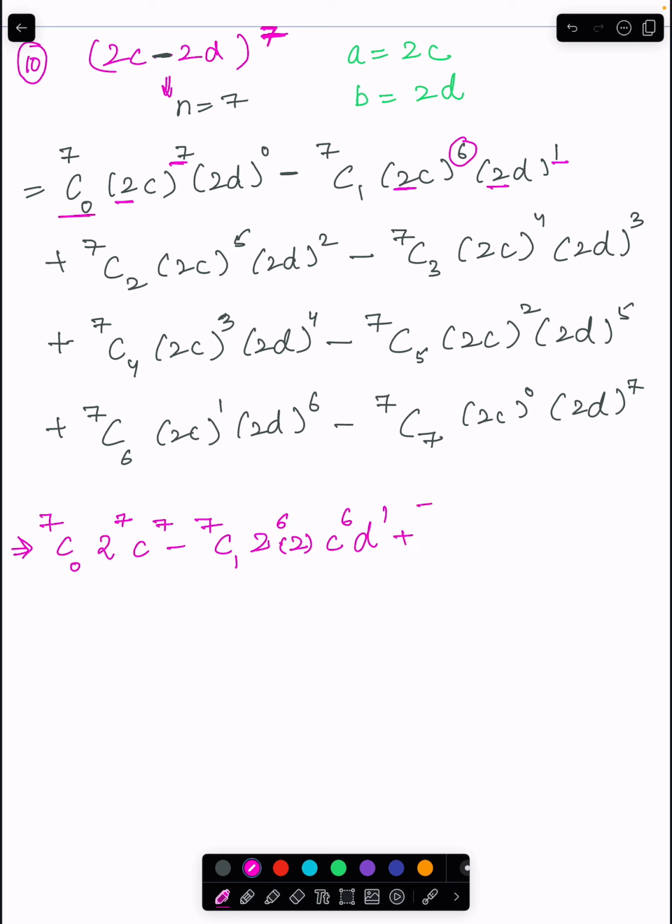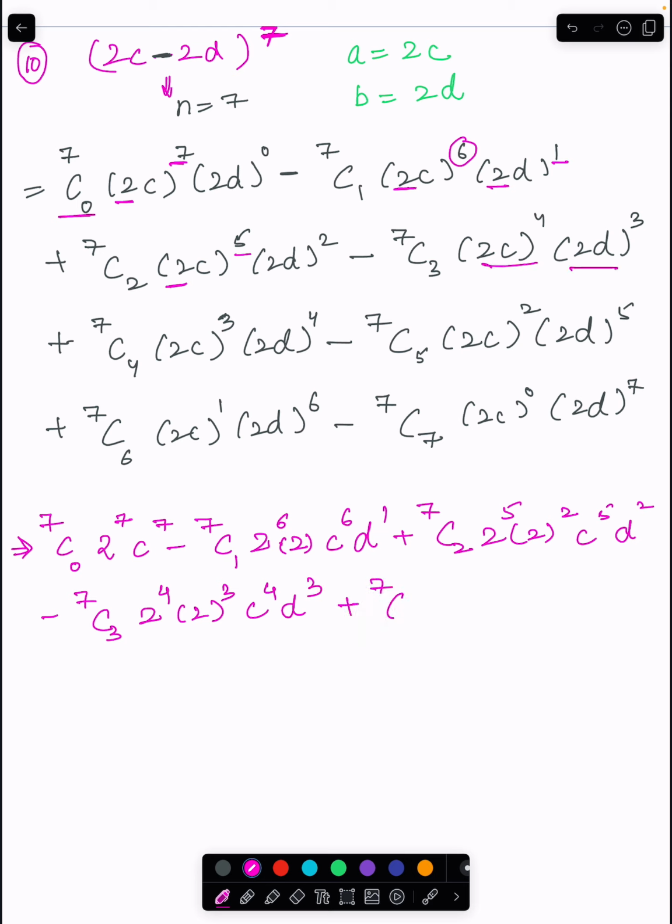Next, plus 7C2, 2 power 5, and another 2 power 2. So it is C power 5, D power 2, minus 7C3, 2 power 4, another 2 power 3, C power 4, and D power 3. I'm copying from here only.